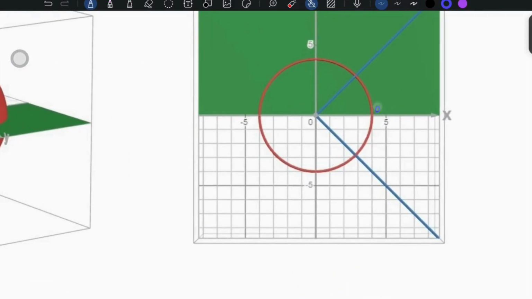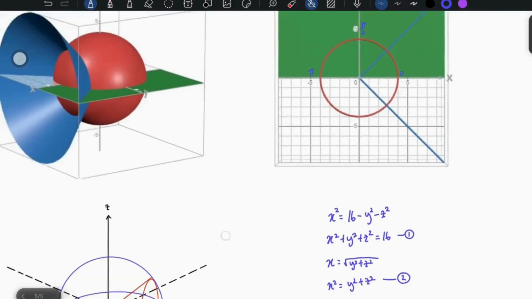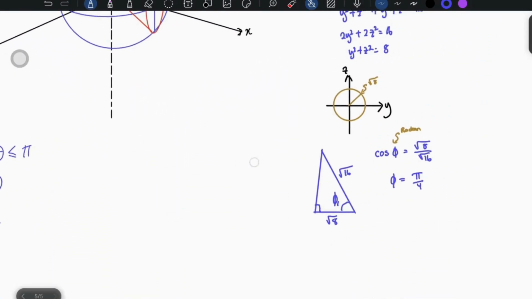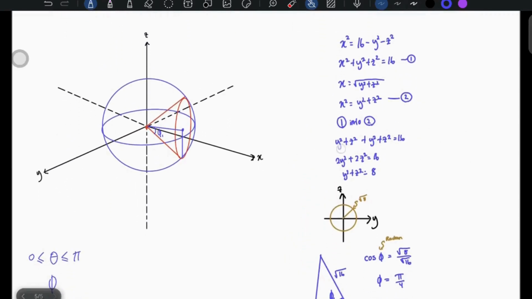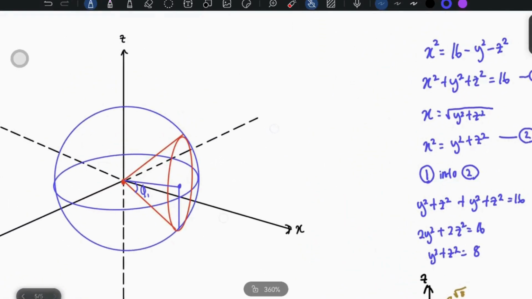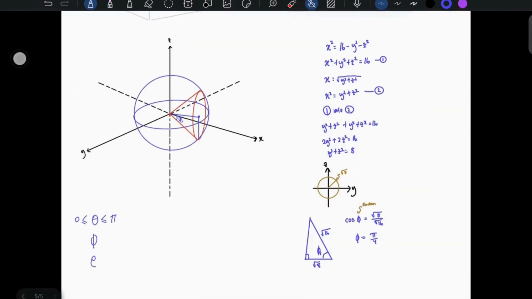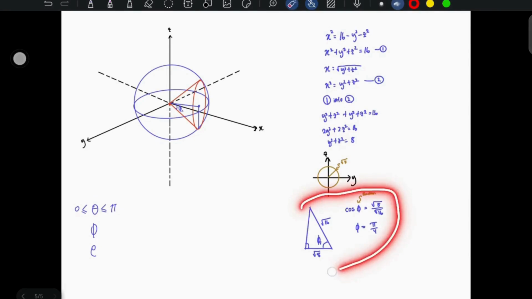We know that this is 0, pi over 2, and pi, so the range of the angle is 0 to pi. For the phi, we need to know the angle of the cone, which we can get using the Pythagoras theorem.